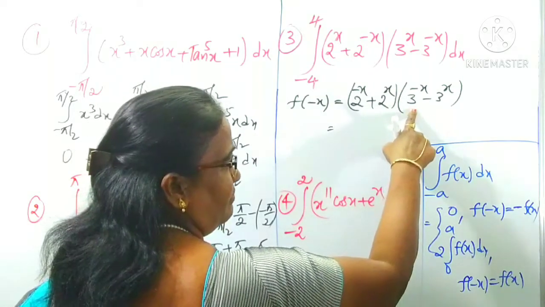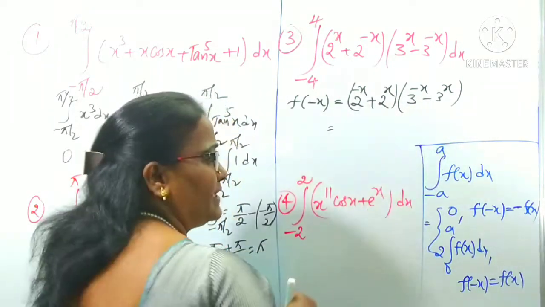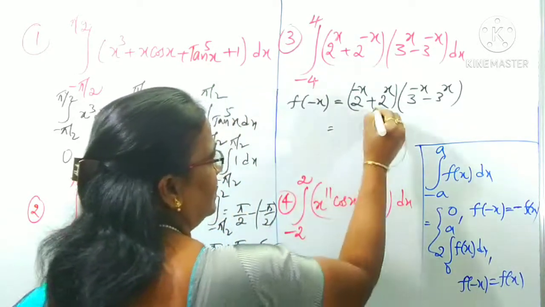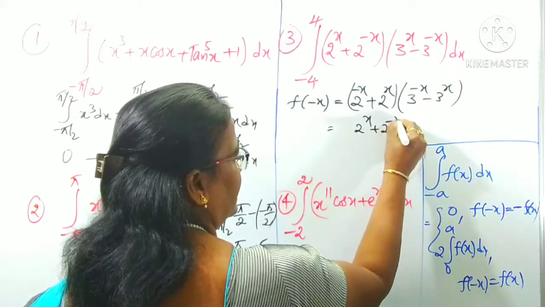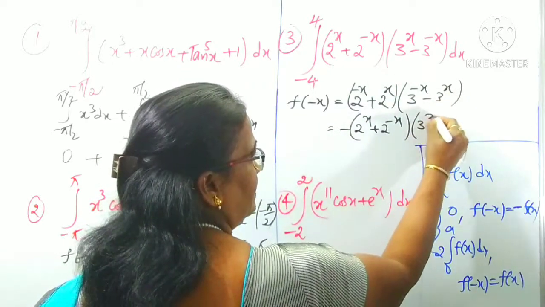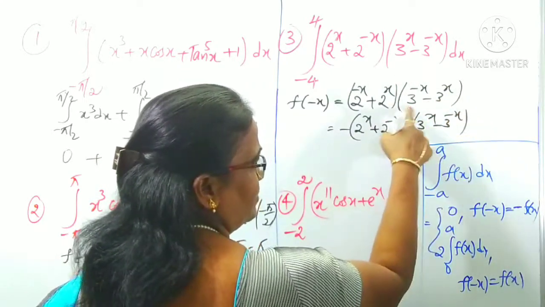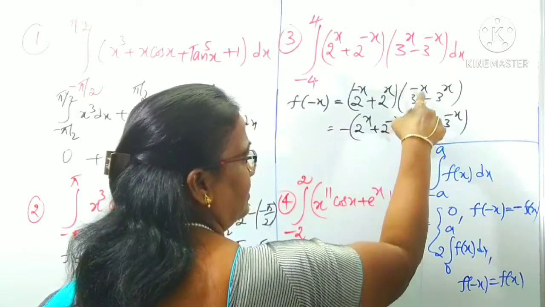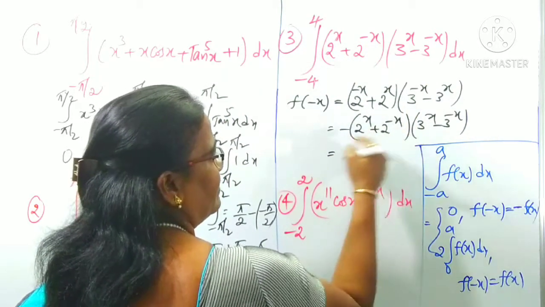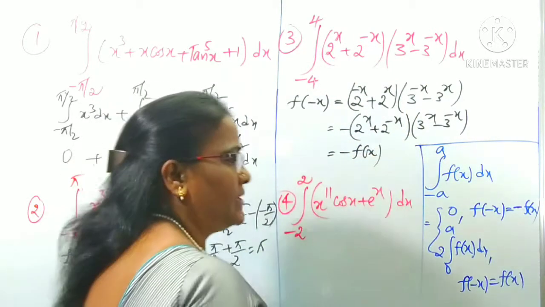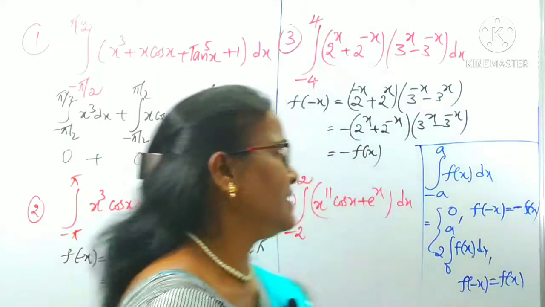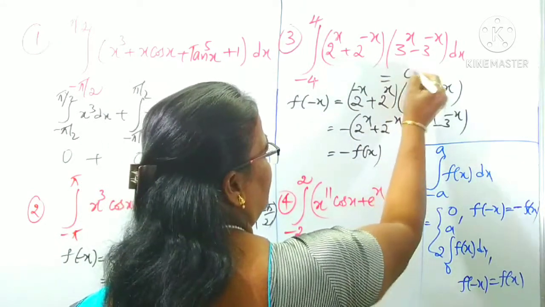But the second is in the form a minus b. If we want to write b minus a, the sign will change. Therefore, this is 2 power x plus 2 power minus x, with a minus, which I am taking out, into 3 power x minus 3 power minus x. With the minus common, 3 power x comes first, then 3 power minus x. Now this is clearly f(x). Therefore f of minus x equals minus f(x). Okay, this is in the form of an odd function. What is the result? The resultant value is 0. That's it.